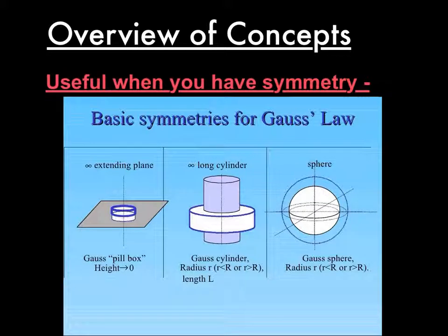Where Gauss's law really shines is when you start looking at these symmetries. Because with symmetries, that little area vector is really easy to figure out. So we're going to start with a sphere, then we'll talk about a cylinder, and then a plane.